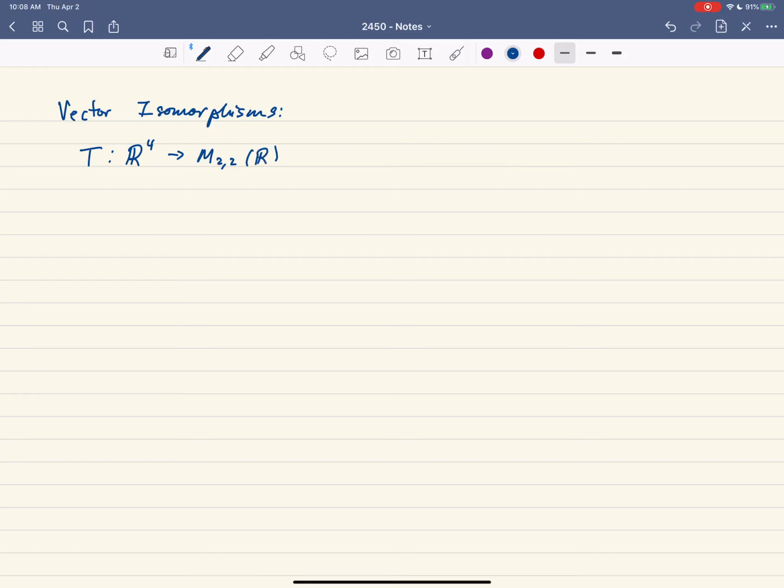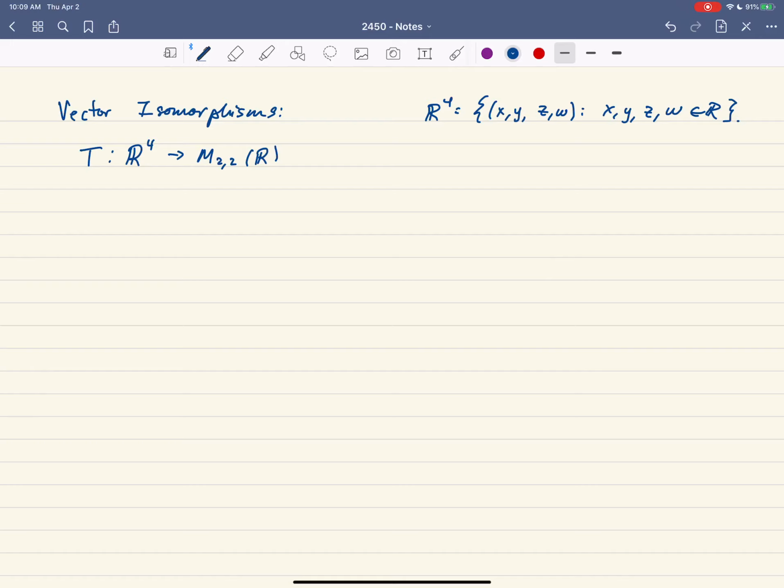So I'm going to take the set of ordered 4-tuples. Remember R4, I don't have a nicer way to say that, is just the set of x, y, z, w, where x, y, z, and w are in R. You can think of this as 4-dimensional space.